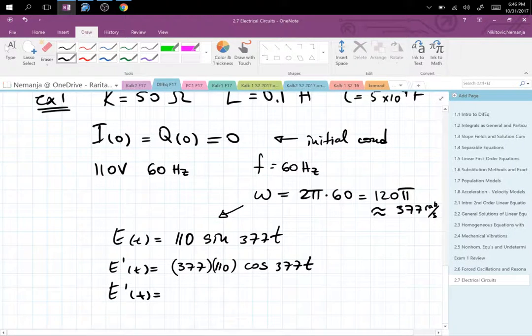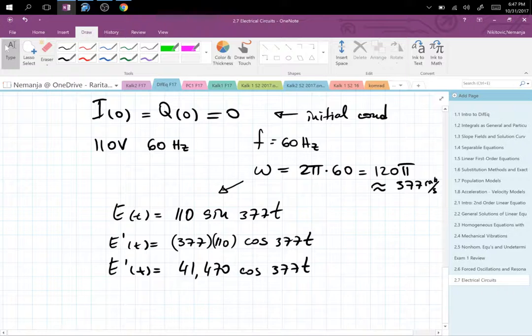And when we multiply this, we get a number. 377 times 110, yes, times cosine 377t.